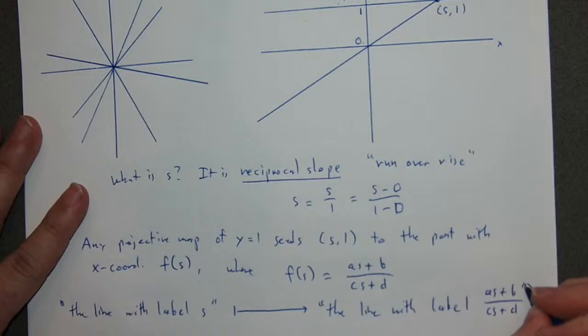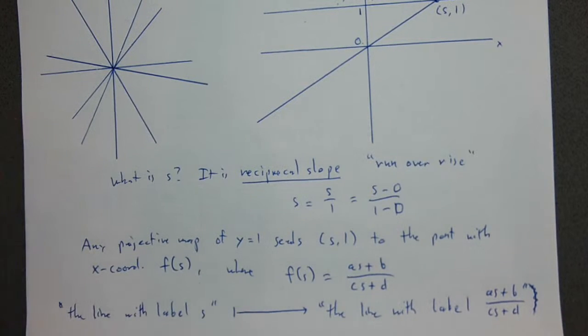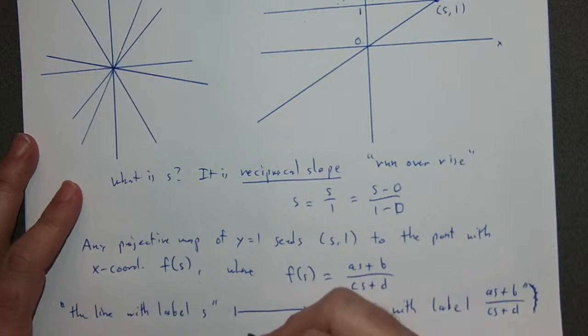So, quotation marks, not parentheses. Okay. But what is the map? What map does this?